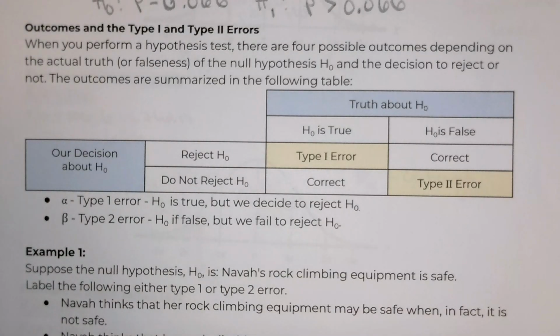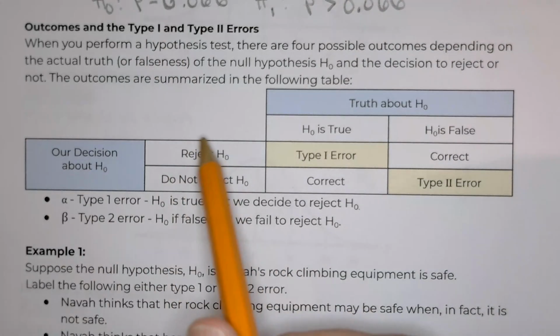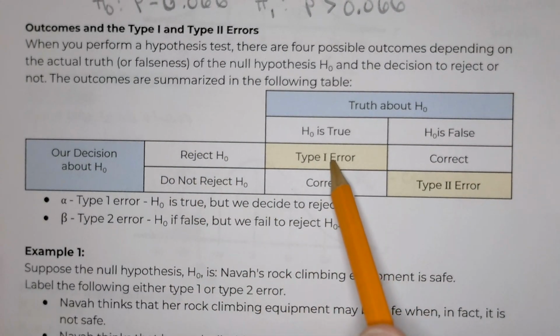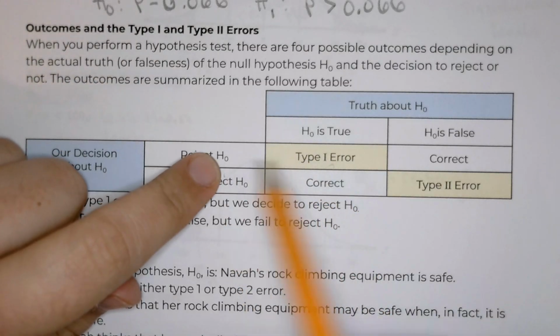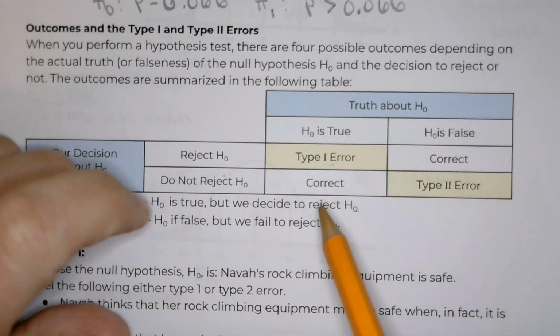Type 1 error is your null hypothesis is true, but we decide to reject it anyways. So this is true, and we say, oh, no, it's false. But if it's false and we reject it, there's no error.